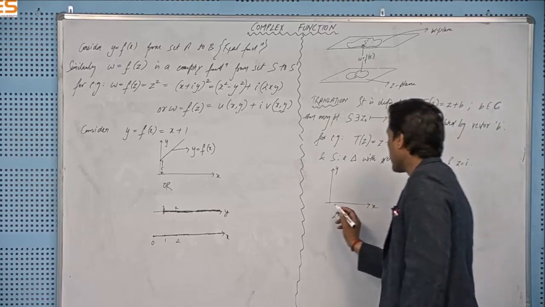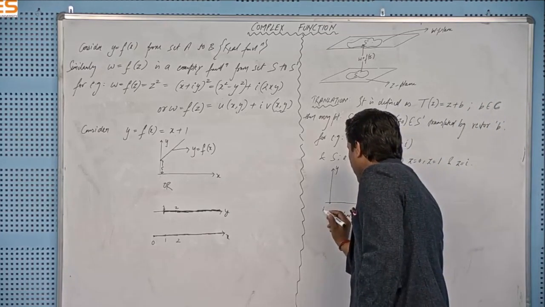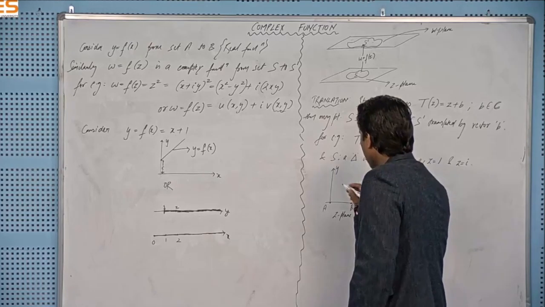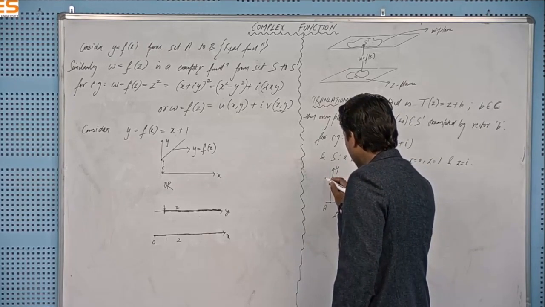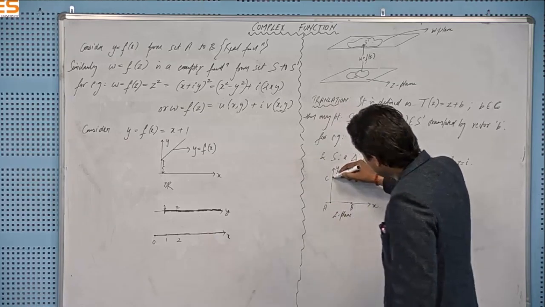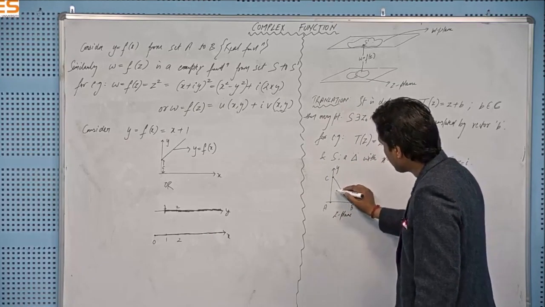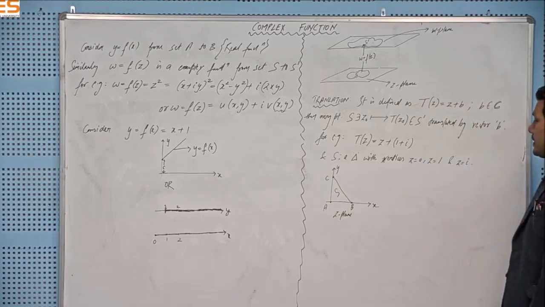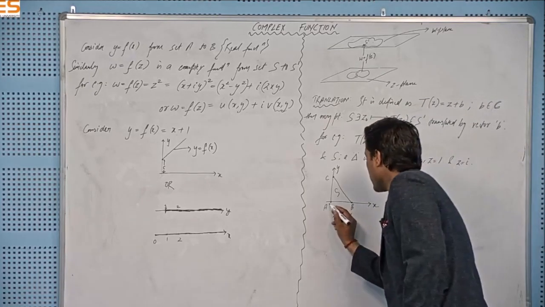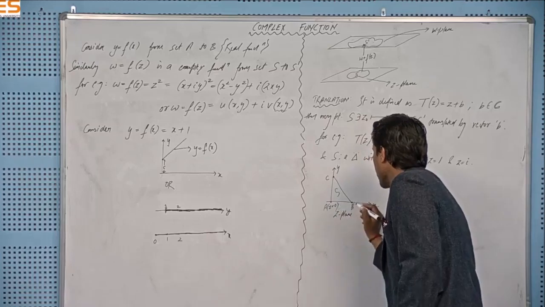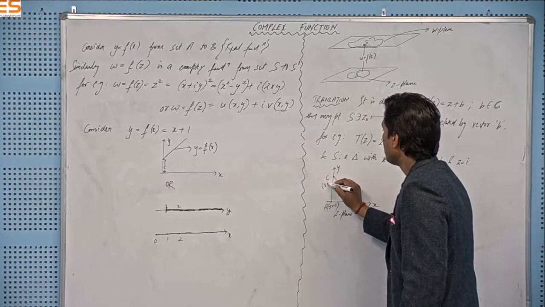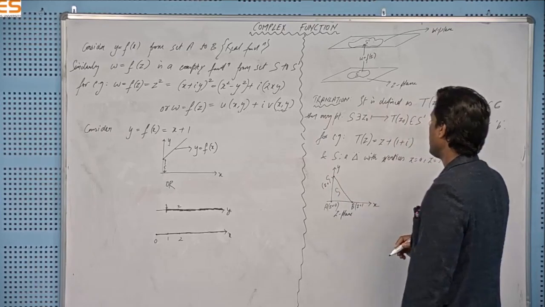Z equal to 0 is this point, let me call it A. Z equal to 1 is this point, let me call it B. And this is C. So this is the domain set S. You can write z equal to 0 here, this is z equal to 1, and this is z equal to iota.